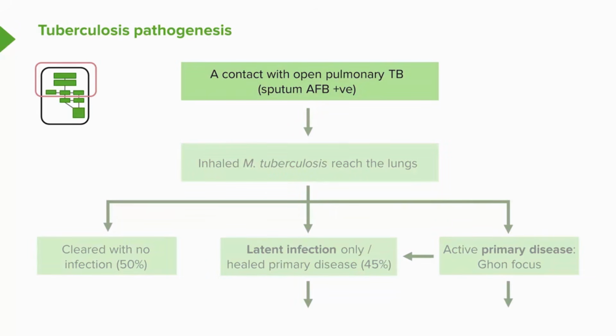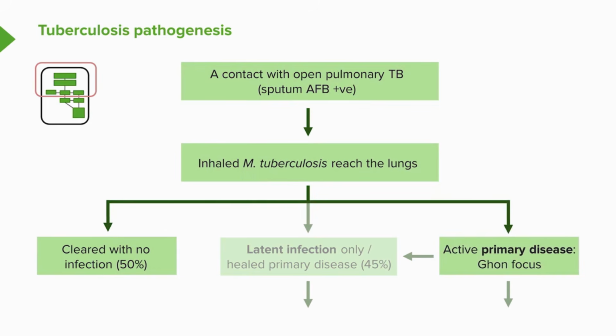What we mean by open pulmonary tuberculosis is that if you look at the patient's sputum, you will see the bacteria present when you stain it with a special stain called acid fast bacilli stain, so their sputum is AFB positive. The tuberculosis reaches the lungs and invades the macrophages, but quite a lot of the time, in 50% of people, it will be killed and removed from the lungs and not cause any problems at all.